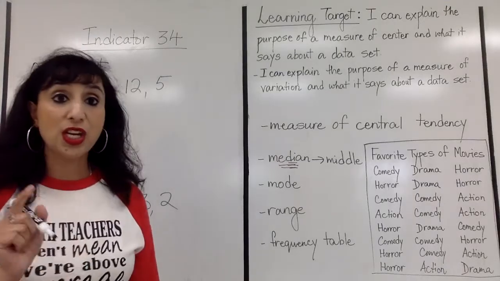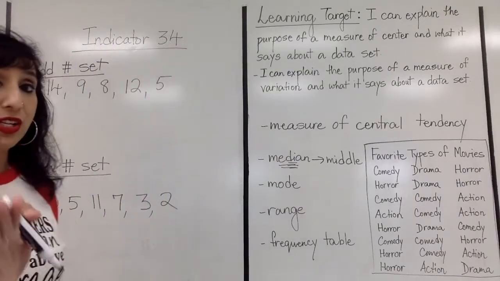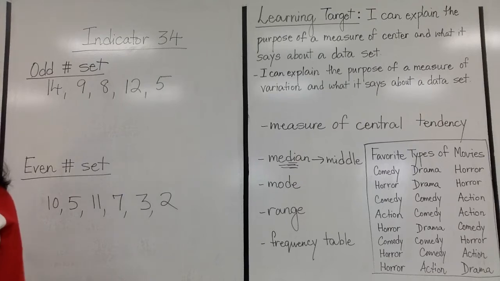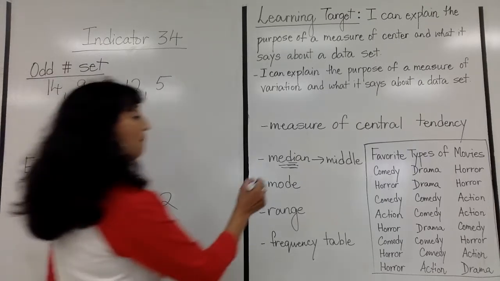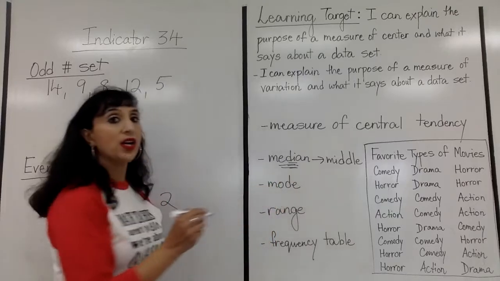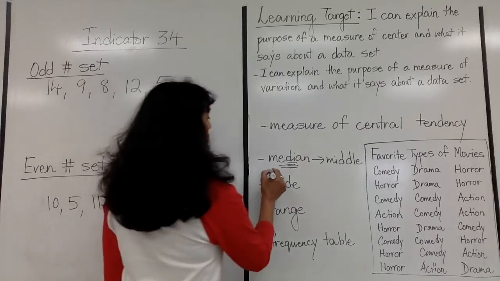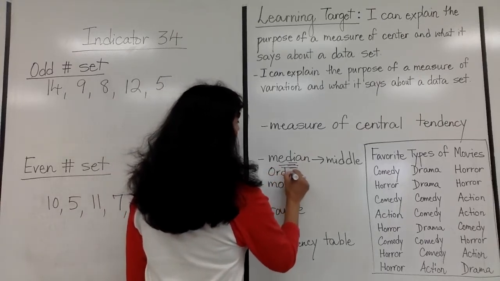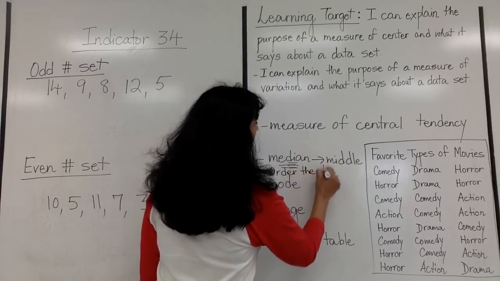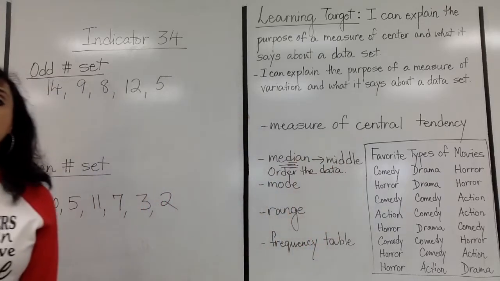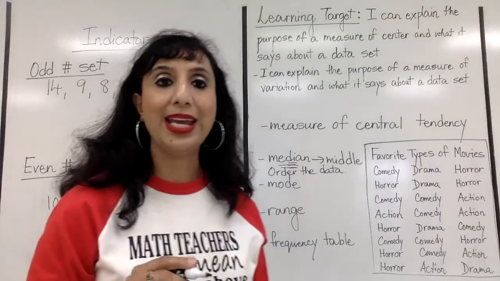The most important thing, like this is what students normally do: they'll just look at this and tell me the middle number is 8. But then everything is going to be wrong in that situation. So the first step for median is to order the data from smallest to largest. You are supposed to order the data. If you don't place it in the correct order, you are going to get an incorrect answer.